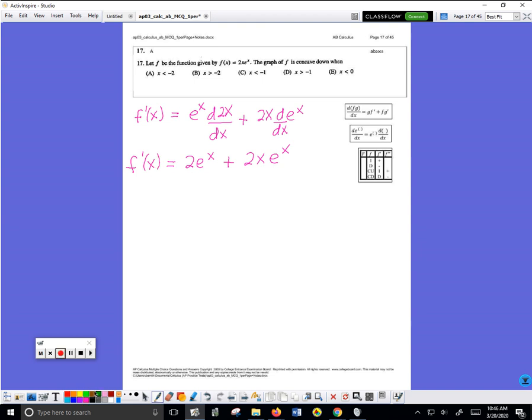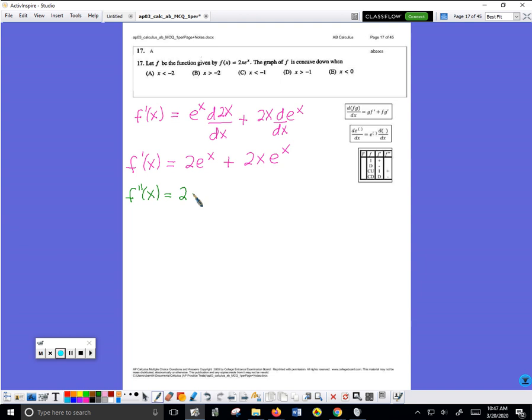I need f double prime because f is concave down when f prime is decreasing, but I can't determine f prime being decreasing without a graph or sign chart. Since I can't do a graph, I'll do a sign chart. So for f double prime, 2 is a multiplying constant.